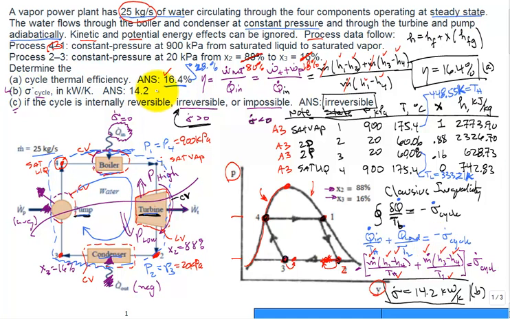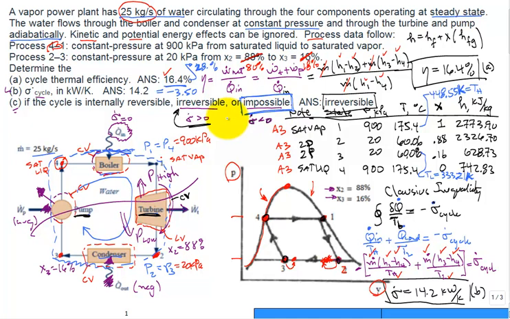And then you would calculate for the new answer that sigma dot of the cycle comes in at negative 3.50. Well, what does that mean? Well, you can't have an inequality like that. You look for the answer for part C, and you have to conclude that no, there's something that makes that cycle impossible.